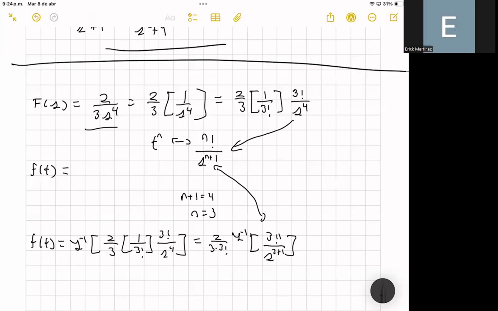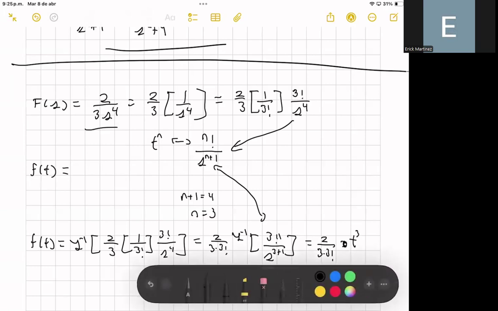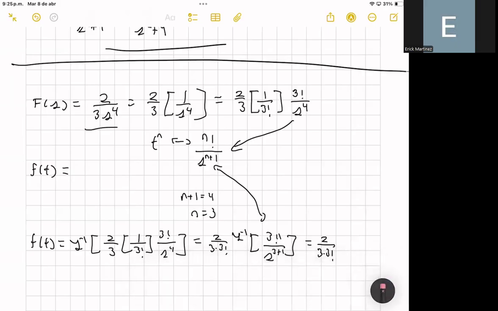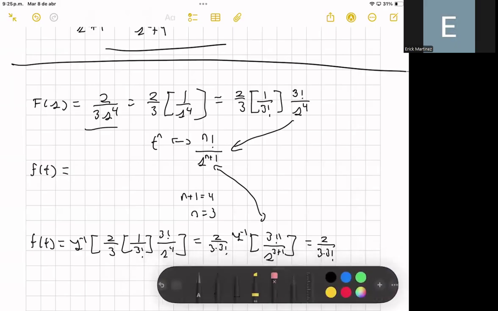Okay, so we can apply the inverse Laplace transform directly. So we have 2 divided by 3 times 3 factorial, and we need to multiply this by t elevated to the n power, that in this case is 3. Okay, so this is the result that we want. I will erase this in order to be clear about this.